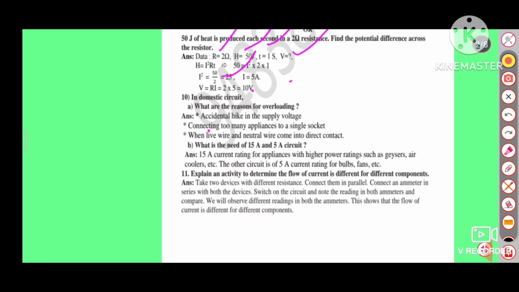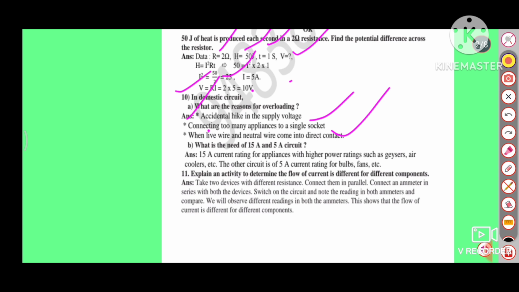Next, in domestic circuit, what are the reasons for overloading? Answer is: accidental hike in the supply voltage; connecting too many appliances to a single socket; and when live wire and neutral wire come into direct contact.